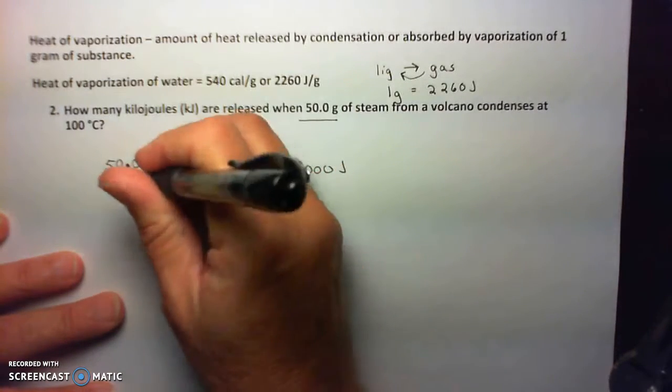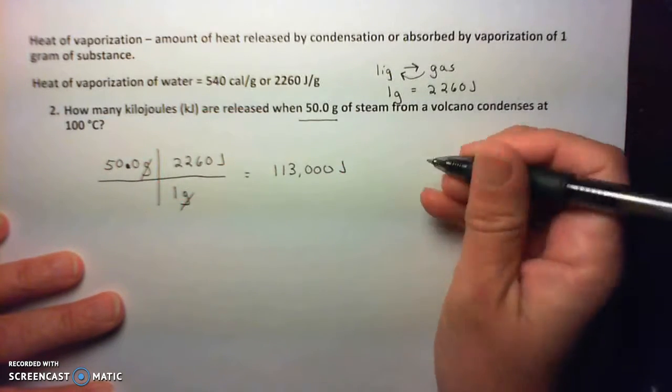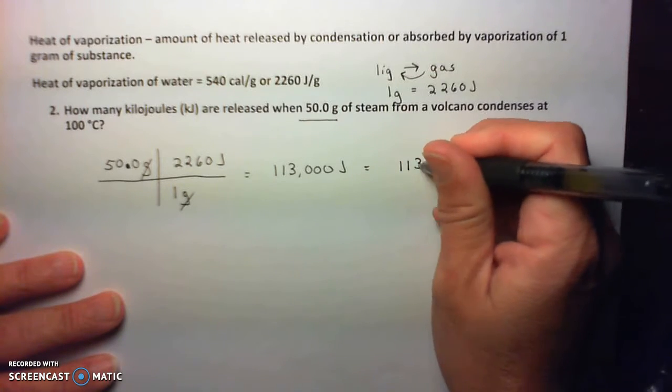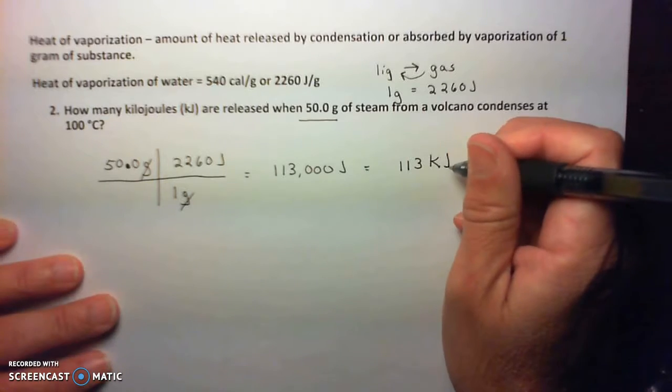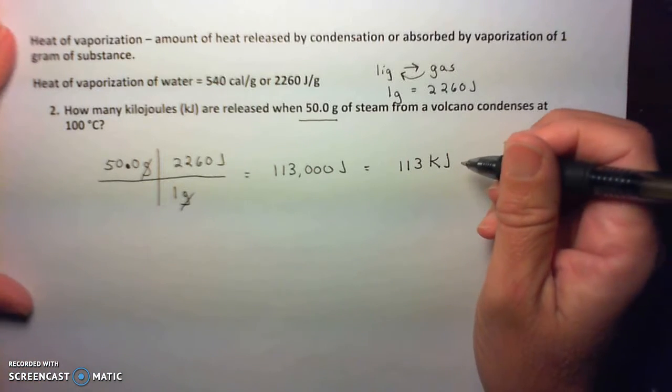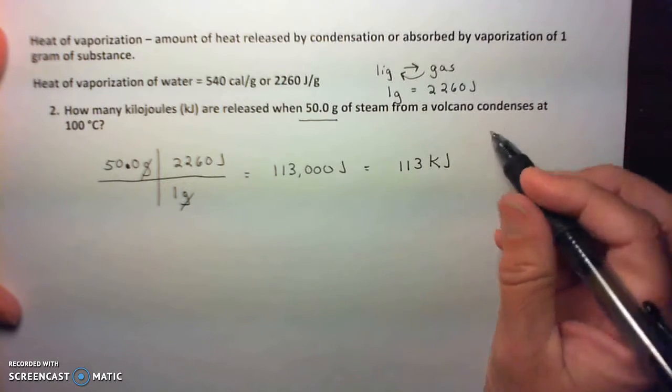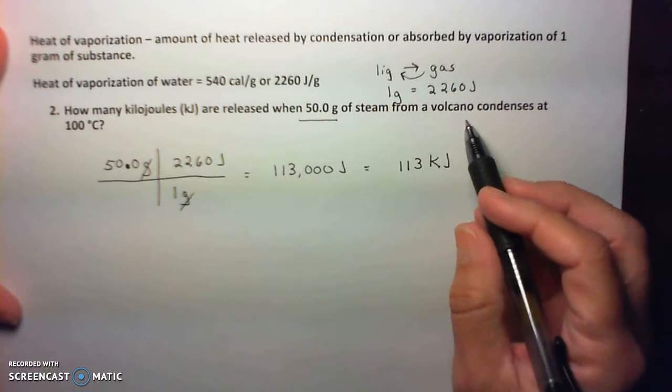Okay, grams cancels, so we're left with joules. We're going to rewrite this as kilojoules just to make it look neat. Okay, so this is the amount of energy that's released when steam condenses from a volcano.